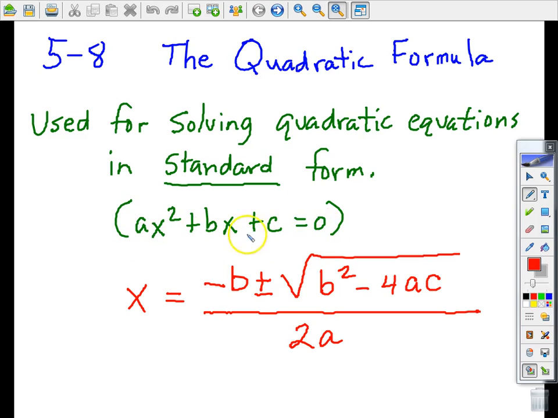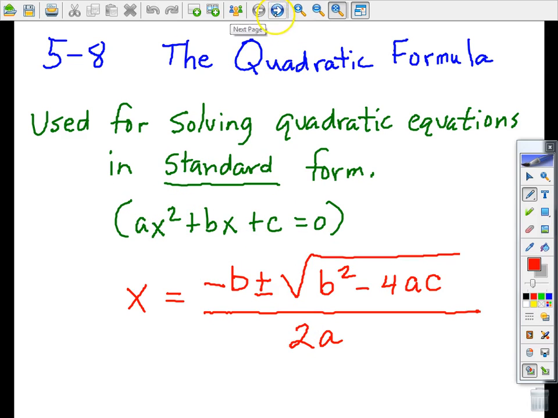So here's what I mean by that. If there's any adding or subtracting of terms that need to be done first to get here, make sure you do that. All right, so hopefully you have this written down or you already have it committed to memory. And our next few examples will just be using this formula to get the two solutions that we're looking for.